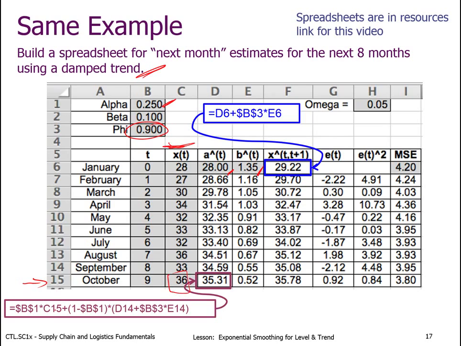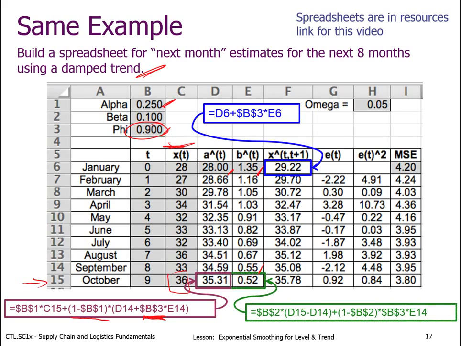So it's alpha times the most recent observation plus 1 minus alpha times what's in D14, which is my most recent level estimate, 34.59, plus that phi term, 0.9, times what's in E14, which is my most recent estimate of the trend. So again, all I'm doing is dampening. That's the only difference here. I'm slightly dampening the most recent observation there.